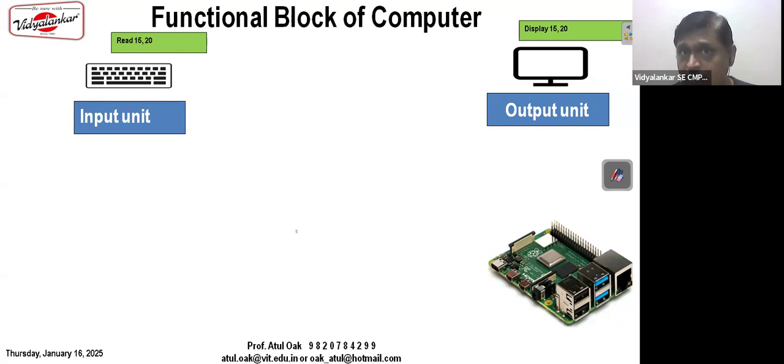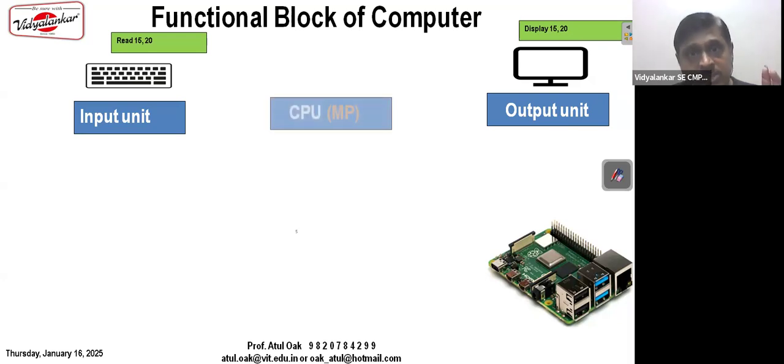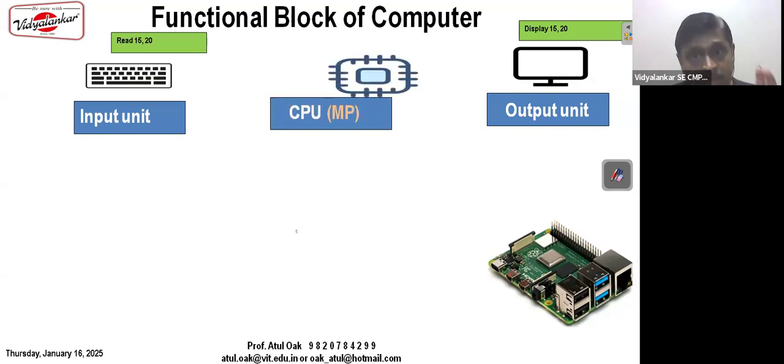But my definition, if you remember, was a device which processes the data. Now, who is going to process the data? Who is going to perform calculations? Who is going to do decision making? Who is going to generate a valid result? That hardware is called CPU or microprocessor. That is our subject.